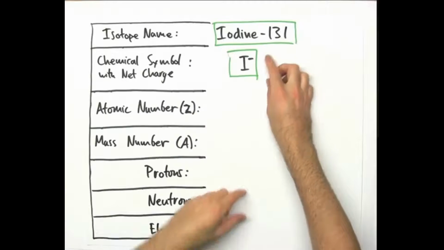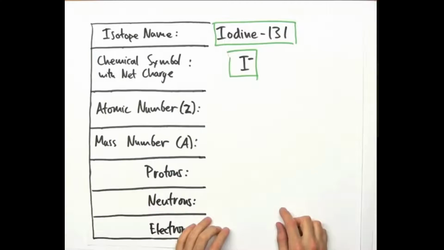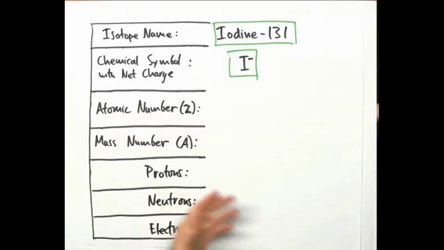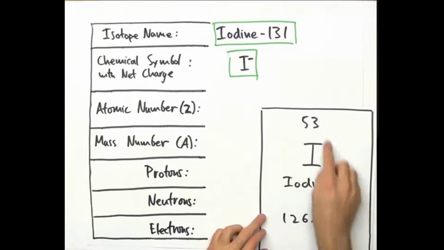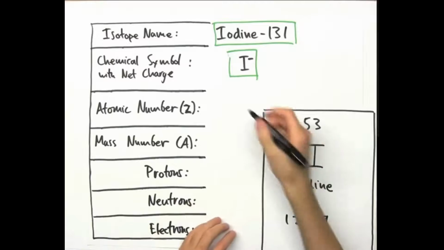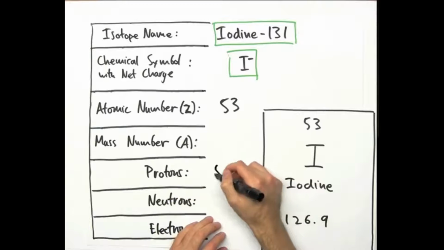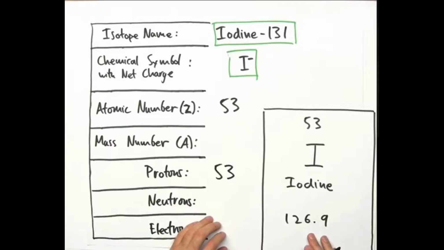Iodine 131, and it has a negative charge 1-. Let's start by looking it up on the periodic table. We find iodine, big capital letter I. It has an atomic number of 53. So 53 here. 53 is also the number of protons.